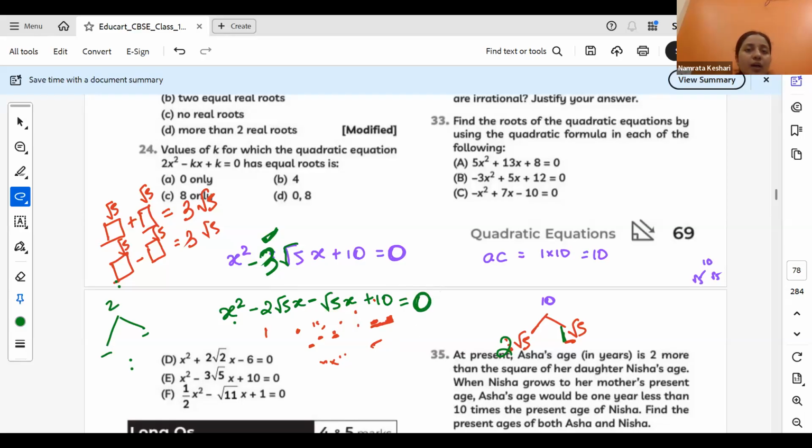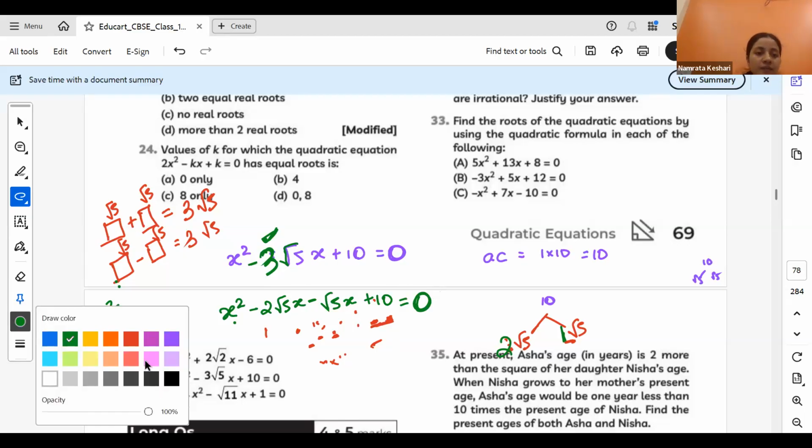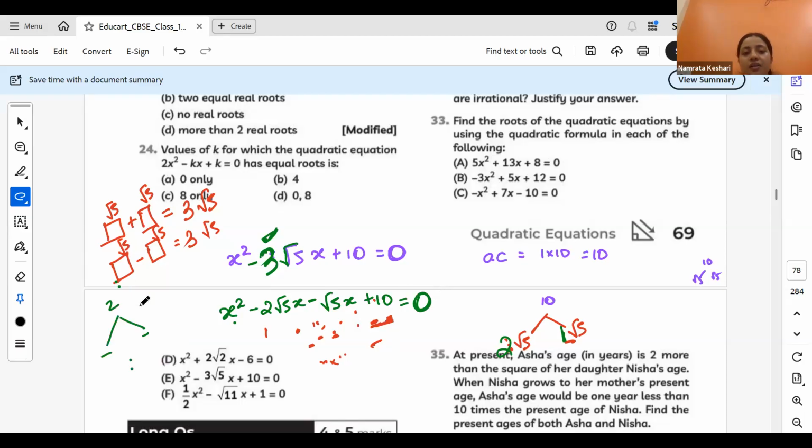Now we just need to take out the common factor. And here you will find that sometimes you are struggling with taking out the common factor also. From the first two terms, it is crystal clear that x is common, and you are left with x minus 2 root 5.